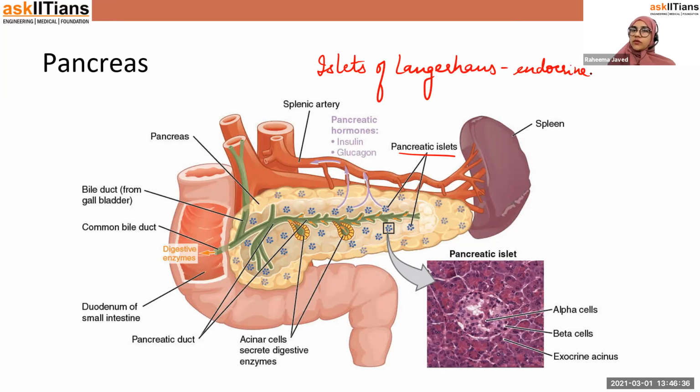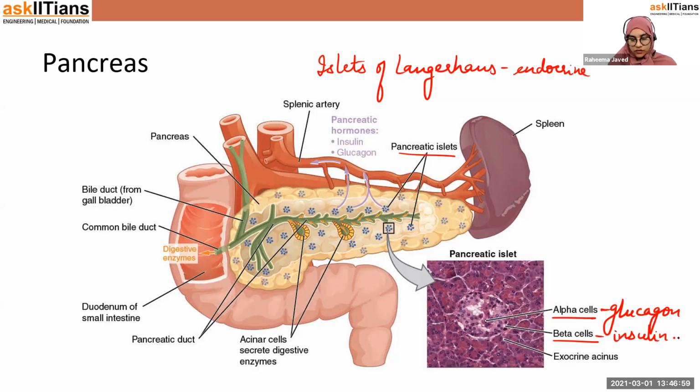They are responsible for the endocrine secretion. So if you look at the pancreatic islets, there are basically four types of cells, out of which two are most important: alpha and beta. Alpha is responsible for the secretion of glucagon and beta for insulin.